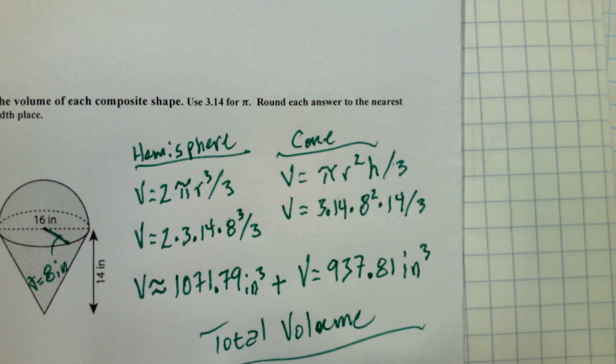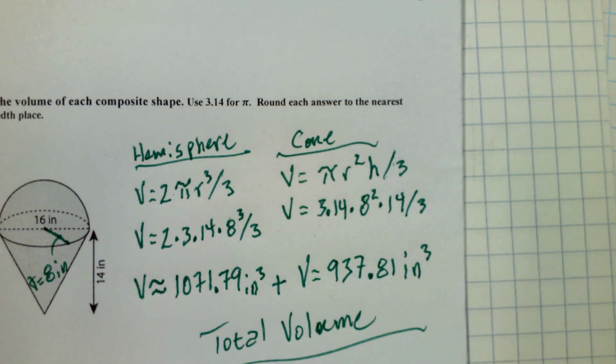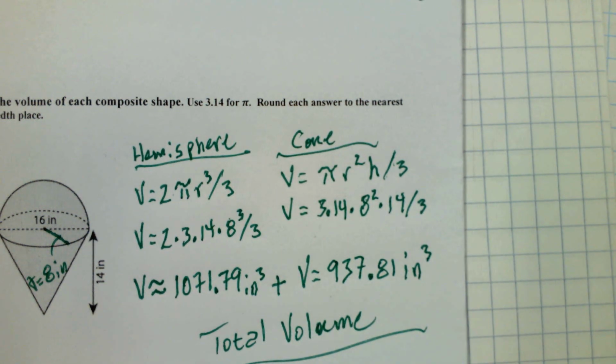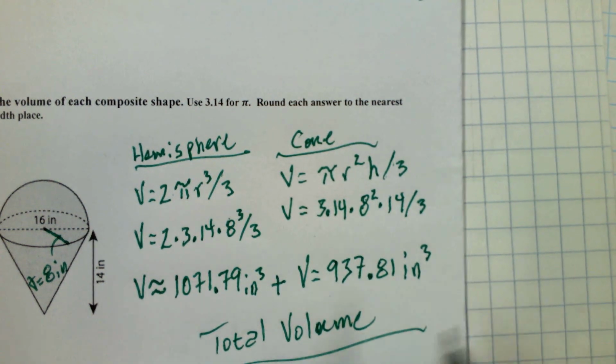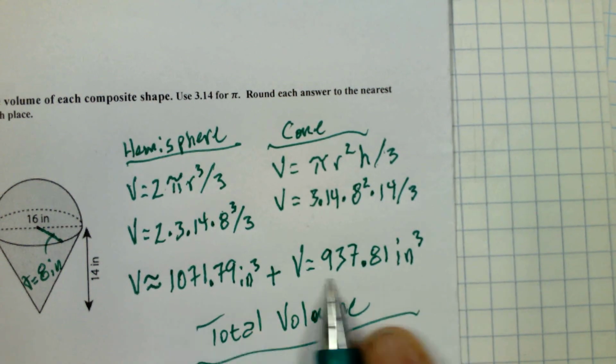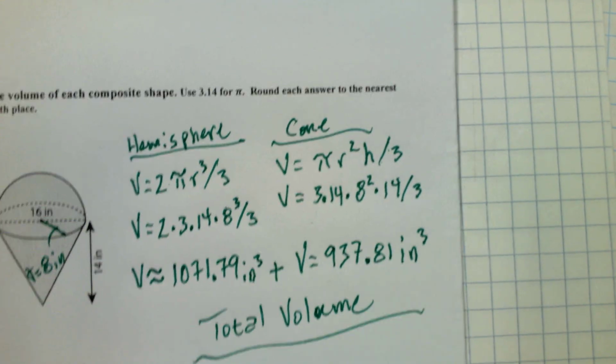Could you repeat that again? 937.89. If we add it, 2,009.6. The total volume. Yeah. We took the total volume after we get both of these.